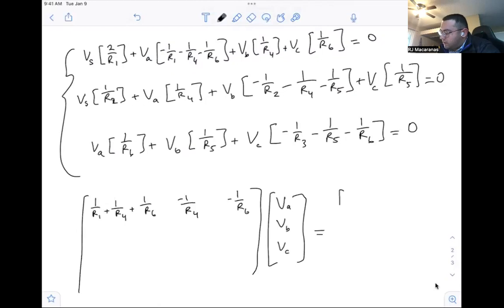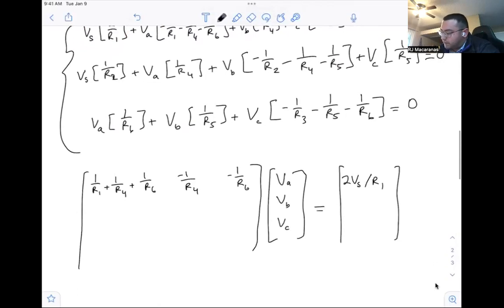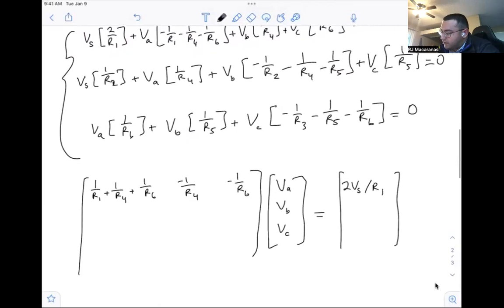And that's going to be equal to just 2VS divided by R1. And that's our first equation there. Then looking at the second equation, we're going to be setting everything equal to VS divided by R2.